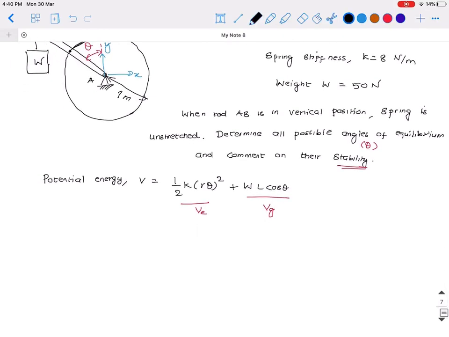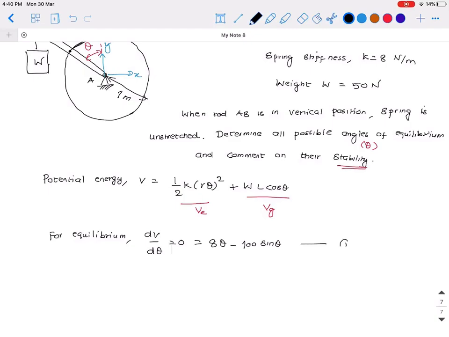As you know, for equilibrium, dV by d theta should be 0. By substituting the values of K, L and W, you get 8 theta minus 100 sin theta, and it should be 0.